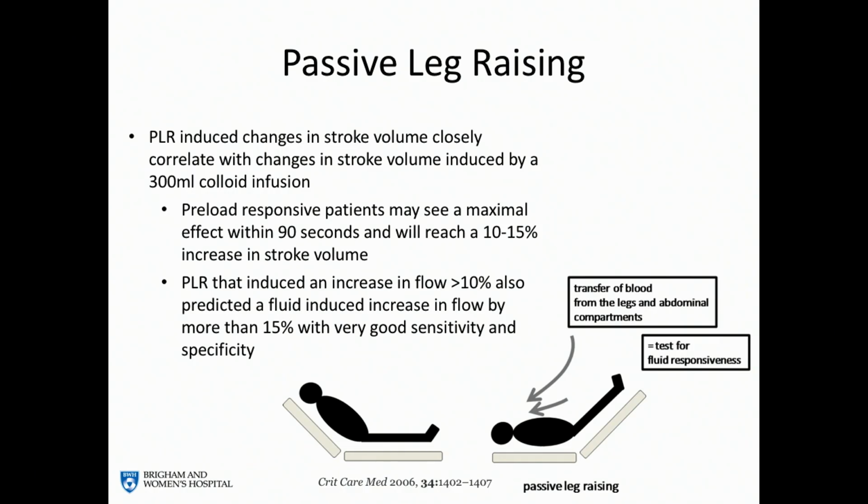This will distinguish those patients who are preload responsive versus those who are not volume responsive in a very simple approach. What you're looking for is to see, as you raise the patient's legs up to 45 degrees, you should see a maximal effect in preload responsiveness within 90 seconds. And you should see about a 10 to 15% increase in stroke volume.